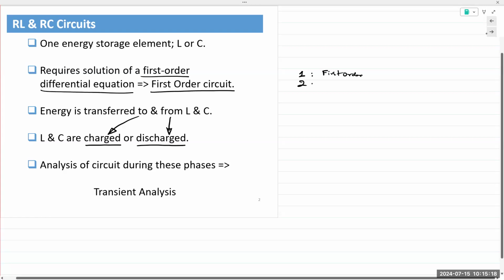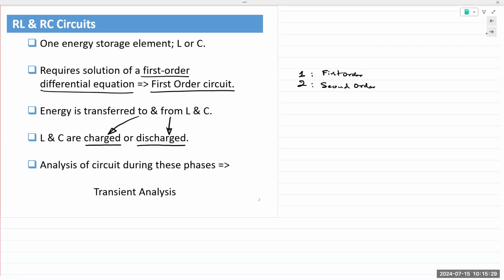If you have two energy storage devices, it's a second order circuit, and so on and so forth. Typically, we can combine multiple inductors together to form one inductor, and multiple capacitors together to form one capacitor. And so we can have first order circuits, even though physically we may have multiple capacitors and inductors.